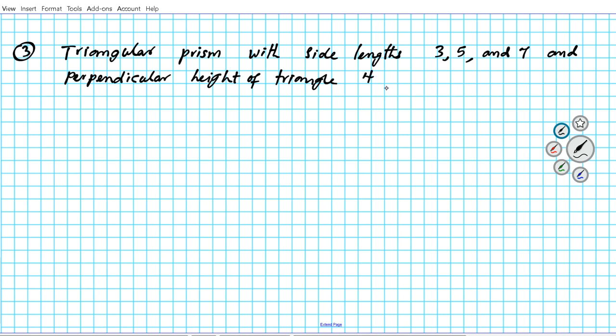Okay, let's say they are all meters. So meters, meters, meters, meters. And the prism height.